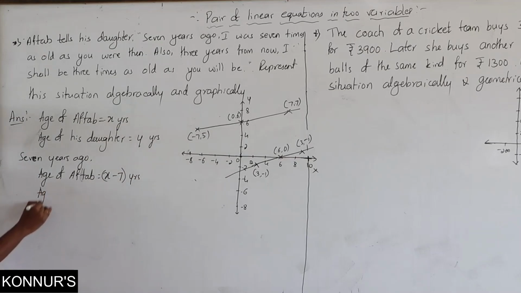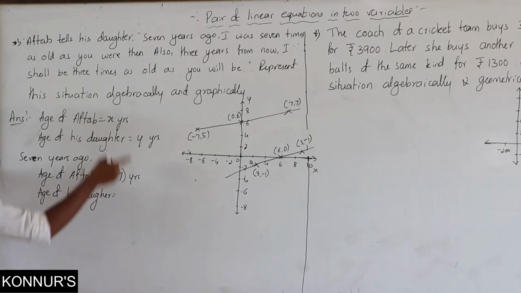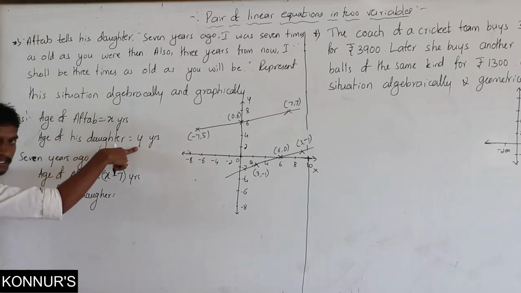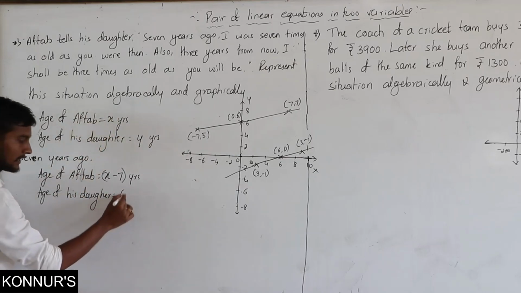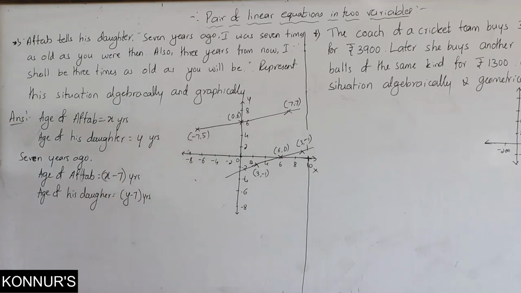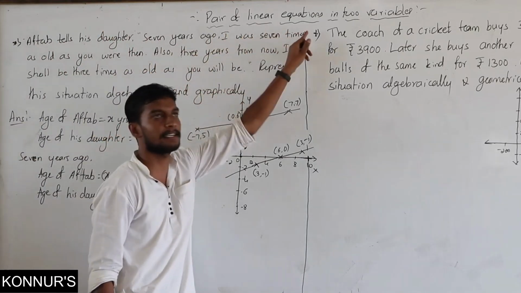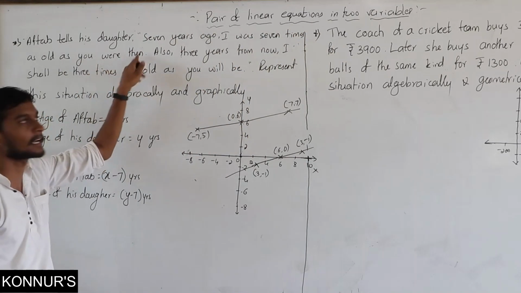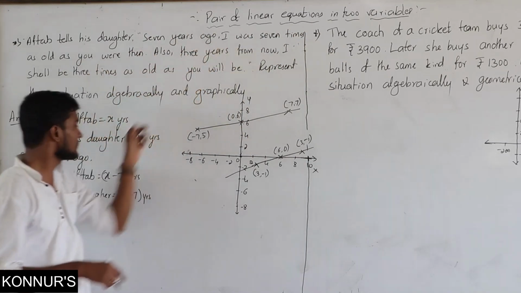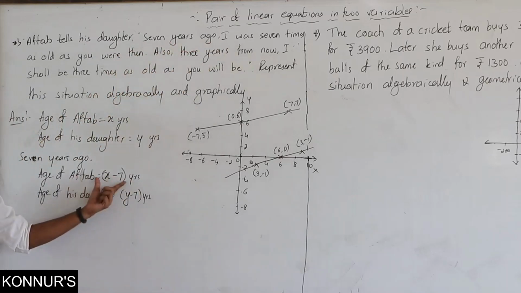And age of his daughter, the present age is y years, so 7 years ago her age is y minus 7 years. The condition is, Aftab tells his daughter, 7 years ago I was 7 times as old as you were then. I means Aftab. What is the age of Aftab 7 years ago? It is x minus 7.